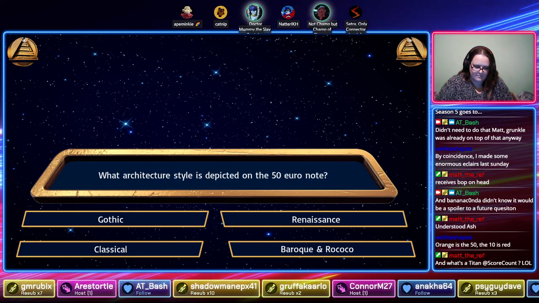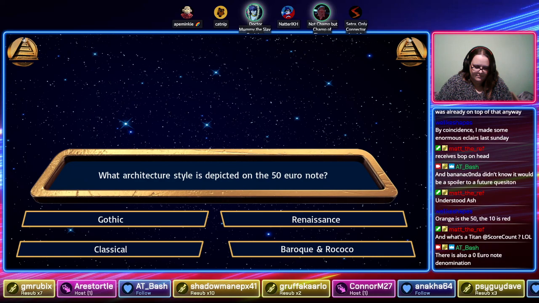I honestly don't have any idea. I'm really gonna have to put all my faith on this one into you. I have zero Grunkle logic I can apply to this. I just remember some building, and it's not Gothic or Baroque and Rococo. I guess it's Renaissance. All right, let's go Renaissance then.